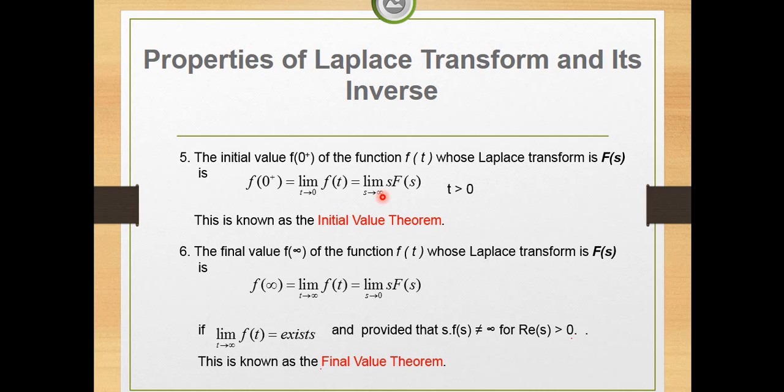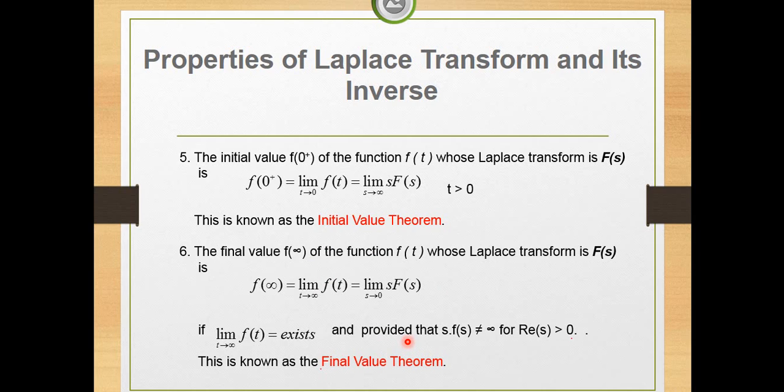But you have to remember that the final value theorem, unlike the initial value theorem, has a limitation. If the value of s times the function of s is infinity for real values of s greater than 0, this particular formula cannot be used. So, let's say, for example, you have your function of s.